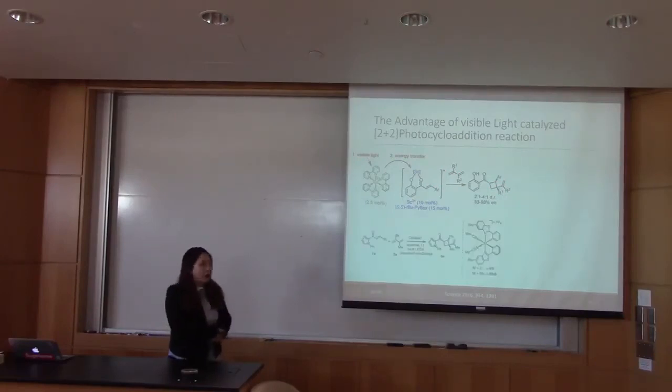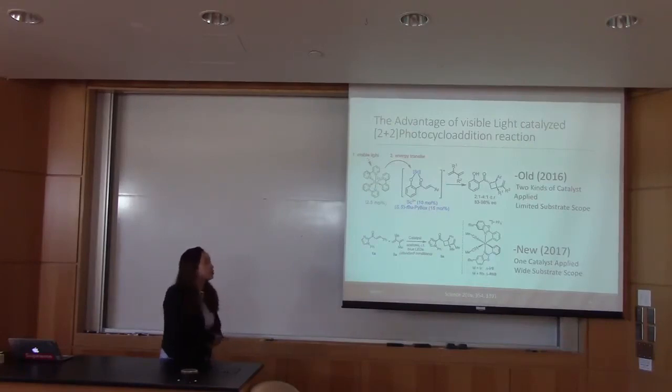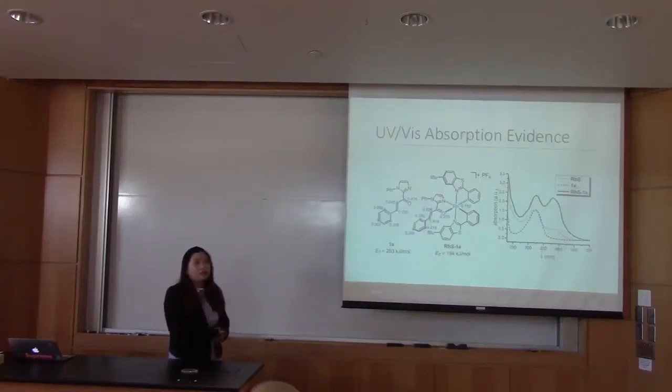And this is the reaction I introduced before, which was discovered in 2017. This reaction only needs one catalyst, and it also has a wider range of substrate groups than the previous reactions. To see why this reaction can work under visible light, we can use UV absorption spectroscopy on the intermediate.